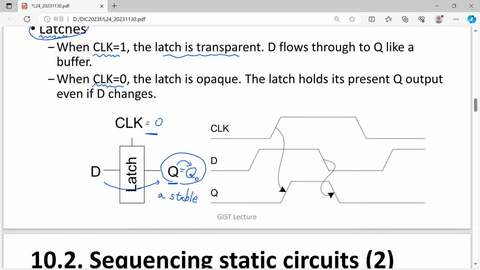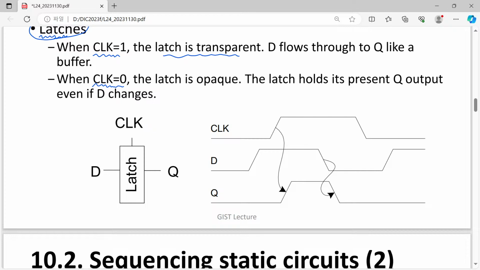On the other hand, in the case of a latch, Q keeps the previous value firmly, so that is a stable state variable. I think that is not that difficult to understand.